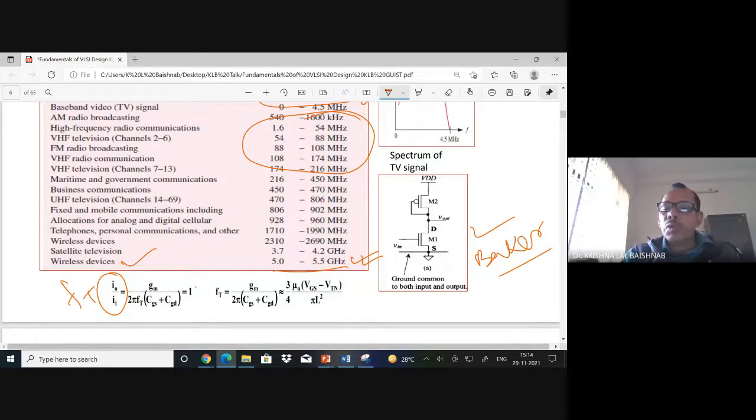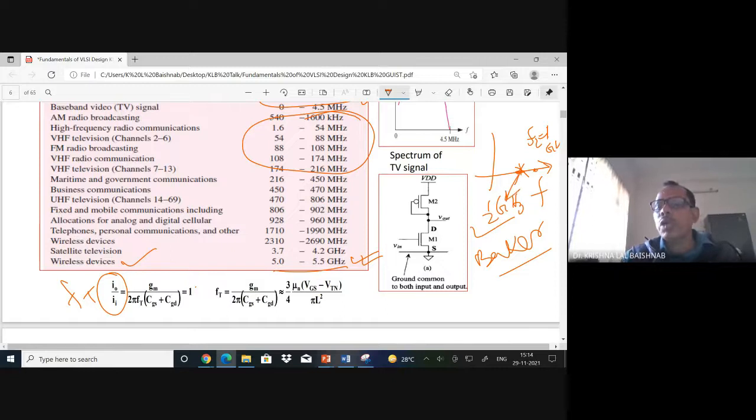And the first pole, you will locate it as well. If FT is 1 gigahertz, then my first pole will be at around half of that, 1 by 2 gigahertz.